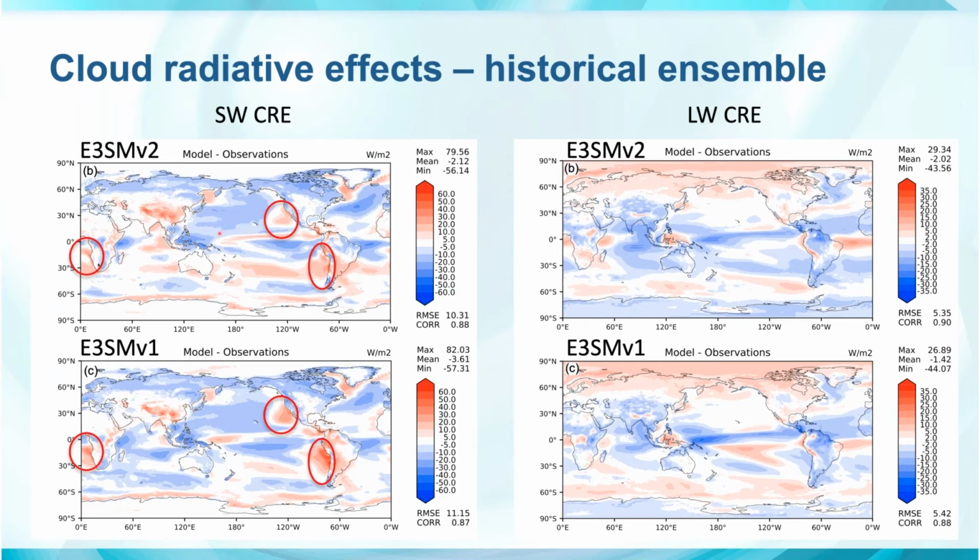So there's significant improvement in those three regions in V2 compared to V1, as well as a global improvement, a reduction in the RMSE, and a reduction in the mean bias. For shortwave and longwave, it stays more or less the same. Some regional changes.